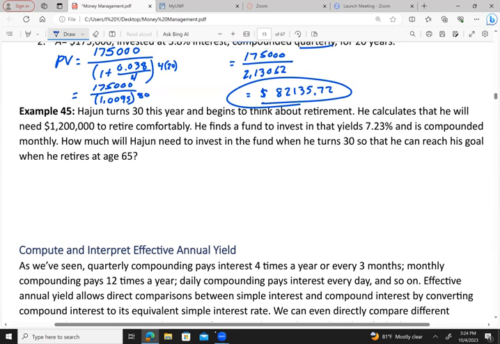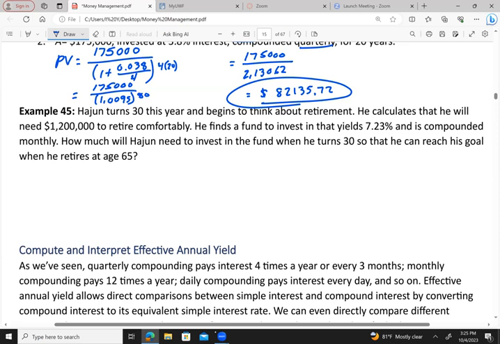Okay. Hajan turns 30 this year and begins to think about retirement. He calculates that he will need $1,200,000 to retire comfortably. He finds a fund to invest in that yields 7.23% and is compounded monthly. How much will Hajan need to invest in a fund when he turns 30 so that he can reach his goal when he retires at age 65?